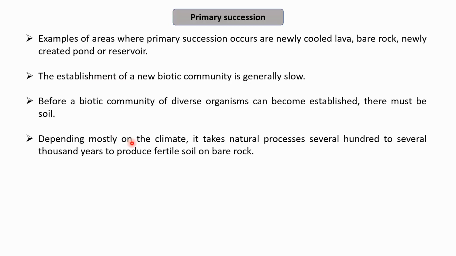Depending mostly on the climate, it takes natural processes several hundred to several thousand years to form soil on bare rock. Once the soil is formed, there is a possibility for the producers to grow, and then there is a possibility that it can inhabit the consumers. Therefore, primary succession is a very slow process, and it requires the establishment of a new biotic community, thereby making it slow.